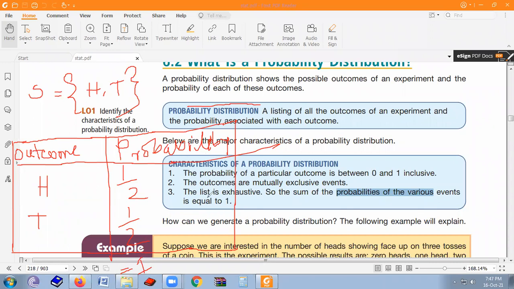These are the characteristics of a probability distribution, and you have to remember them. The first: the probability must be within 0 to 1. Second: the outcomes are mutually exclusive. And last: the sum of all probabilities equals 1.